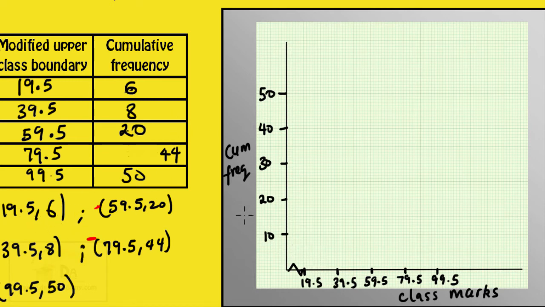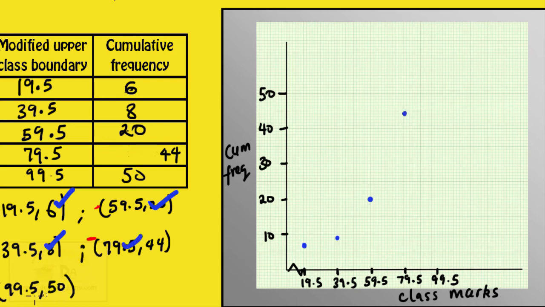So I'm going to approximately plot points. So 19.5 and 6 is going to be somewhere here. 39.5 and 8. So I plotted this point. It's going to be somewhere here. 59.5 and 20. 79.5 and 44. 44 is going to be somewhere here.